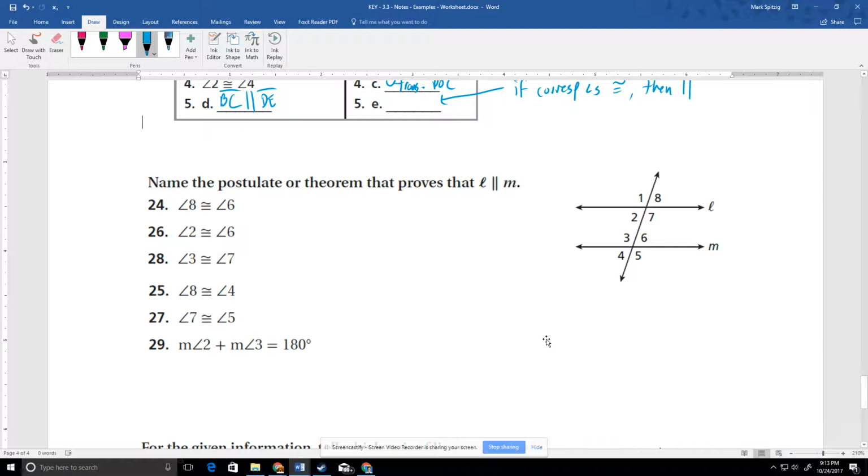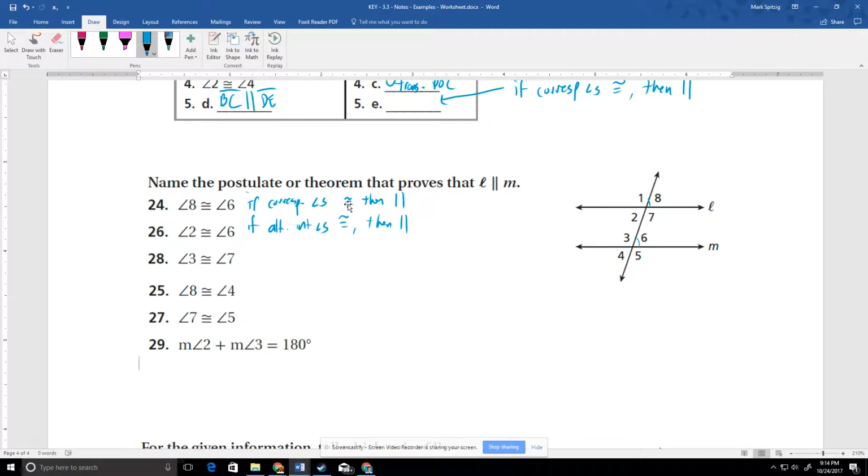All right, so let's name the postulate or theorem that proves L is parallel to M. So if 8 is congruent to 6, well, that would basically be, if corresponding angles are congruent, then the lines have to be parallel. 2 and 6 are alternate interior angles. So we're basically saying if alternate interior angles are congruent, then the lines are parallel.